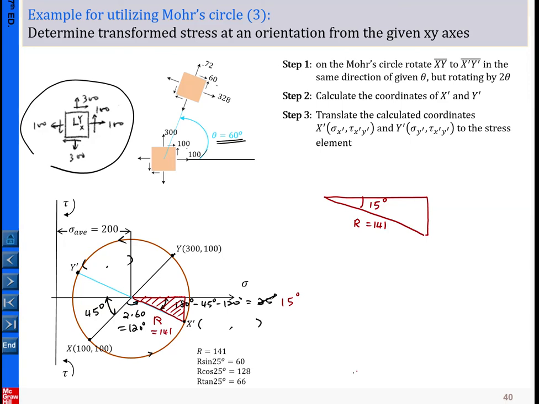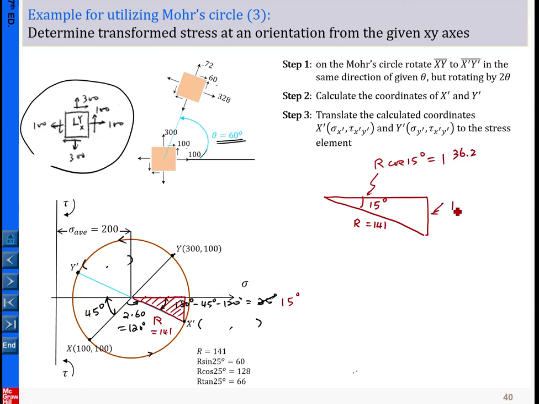In this case, this side will be equal to r times cosine 15 degrees. Let me punch the calculator quickly. 141 times cosine 15 equals 136.2.